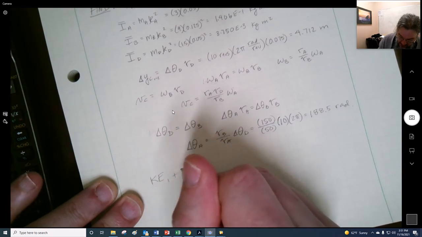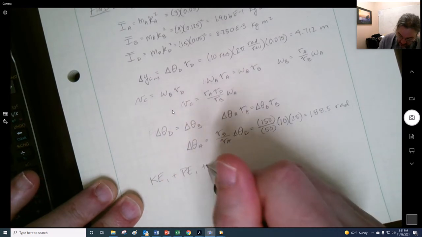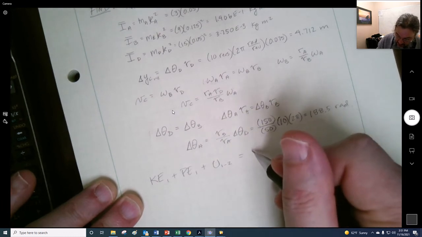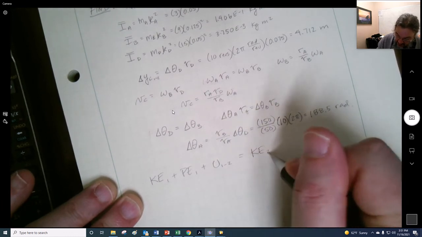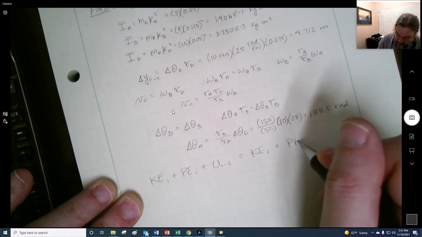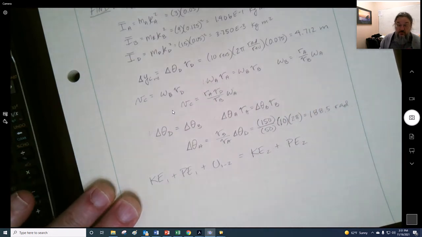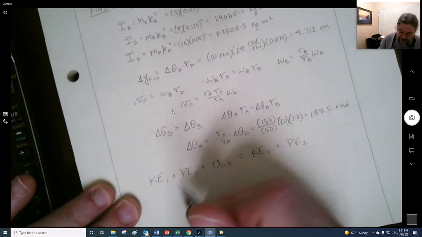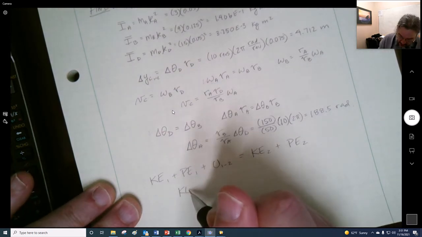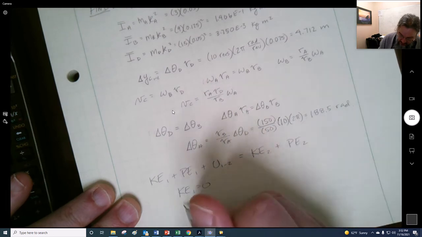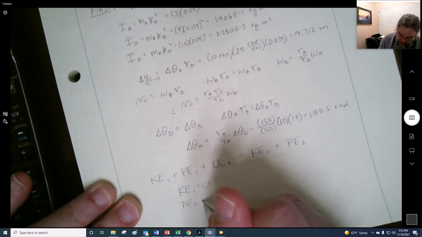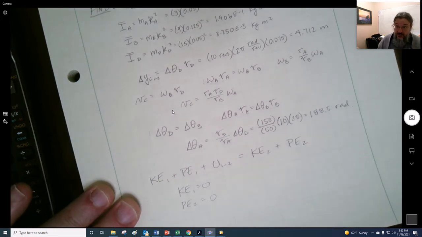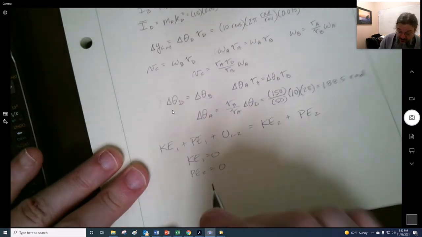KE1 plus PE1 plus work done between states 1 and 2 is going to be equal to KE2 plus PE2. That should be right. All right, so KE1 starts from rest. PE2, we're going to start at the datum, so we're starting with 0 potential energy.